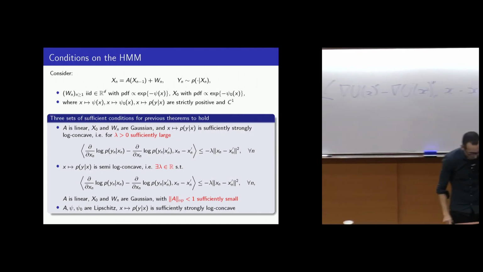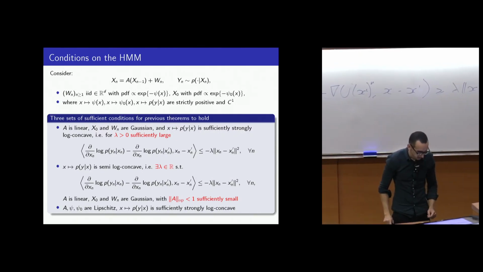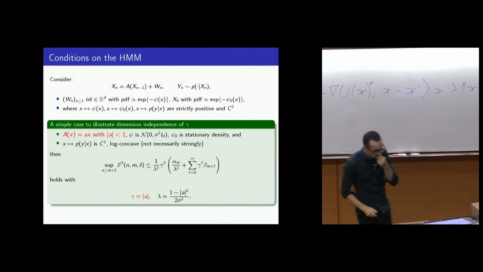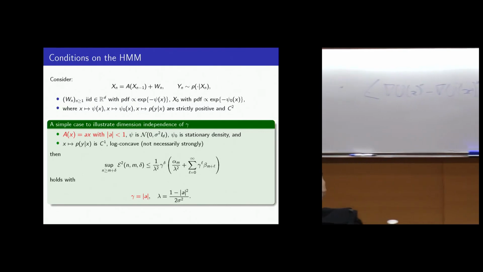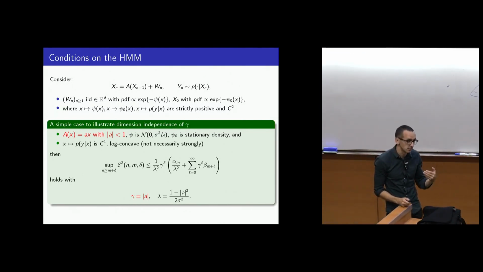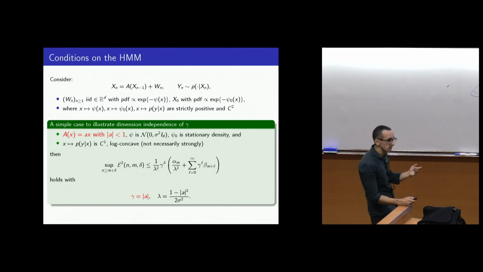One last comment about the conditions. So I said earlier on I wanted to say something about the dimension dependence of that rate. So it comes down to asking about the dimension dependence of gamma, right? Because gamma raised to the power delta was what gives me the convergence to the Viterbi process.